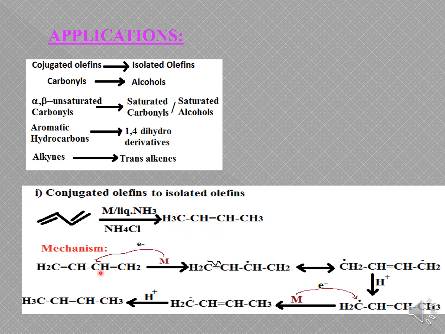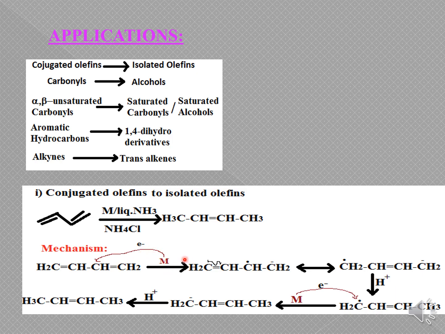So let's see the mechanism, how it will happen. Here you take CH2 double bond CH, single bond, then again CH double bond CH2, as written over here. Then you treat it with the metal, which gives one electron.